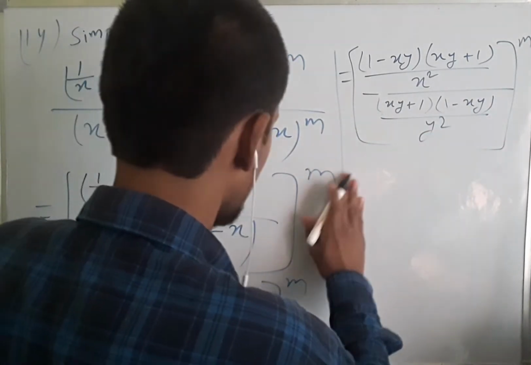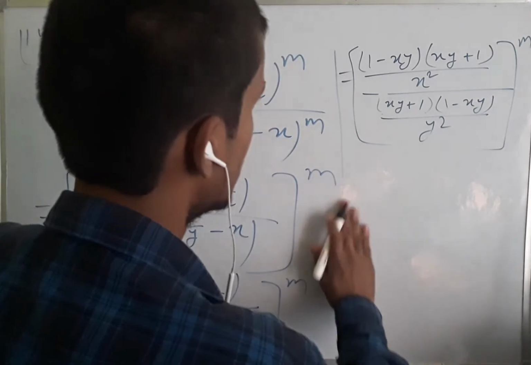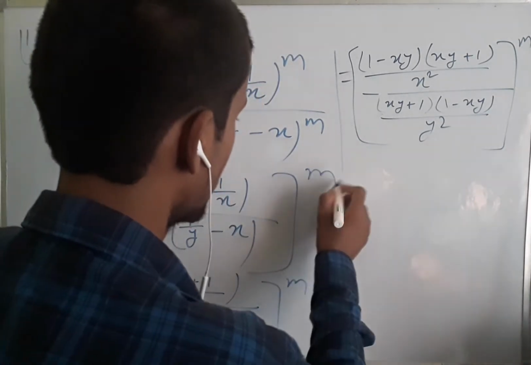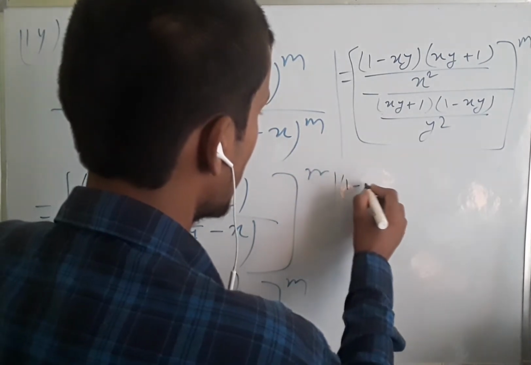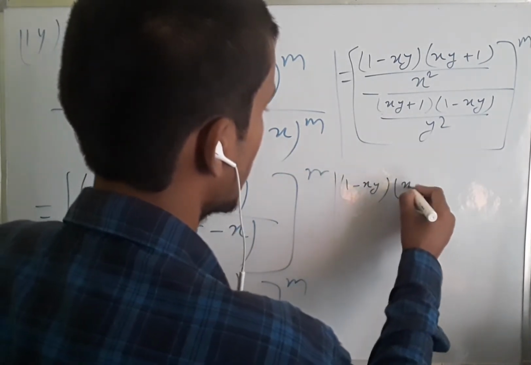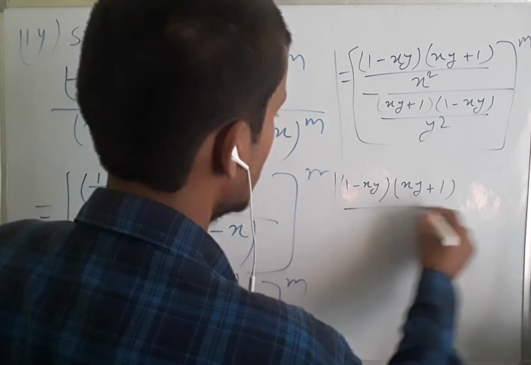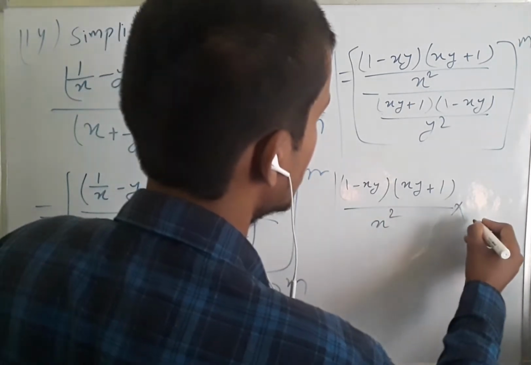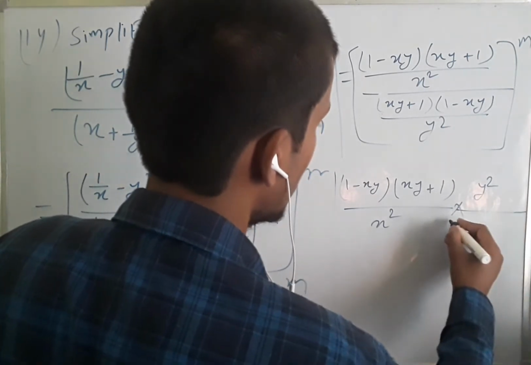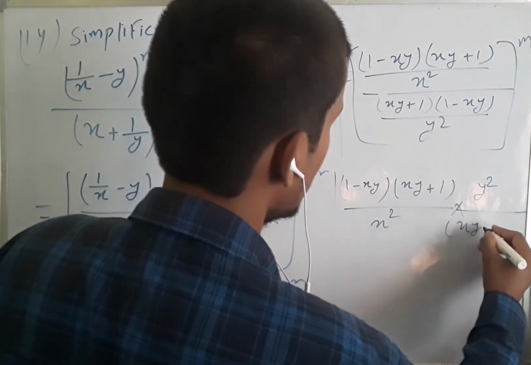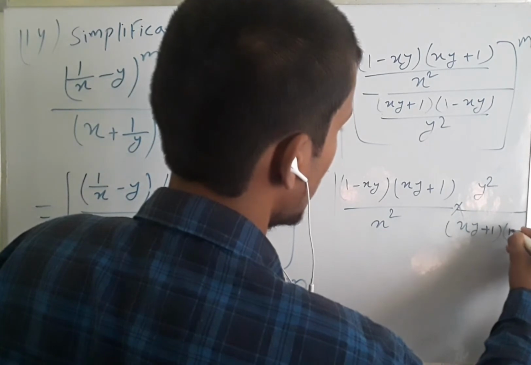So this is going to be 1 minus xy times xy plus 1 divided by x squared, times y squared divided by xy plus 1 times 1 minus xy.